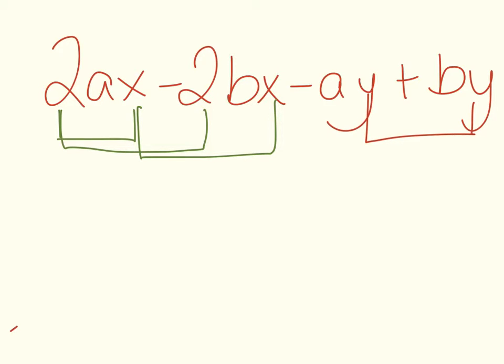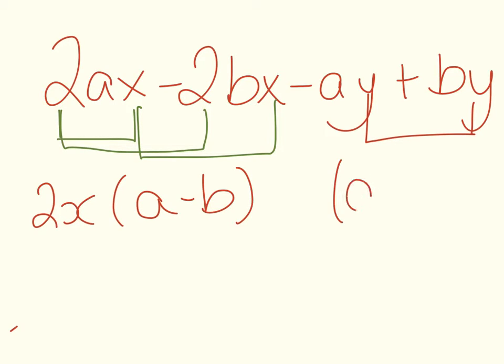If we're having a look at these, we need to make sure we're dealing with our signs very, very carefully. I'm going to remove the 2x from my first bracket, and I'm left with a minus b. Now I want to end up with a minus b in the second bracket, but have a look up at the top. How does a plus become a minus?